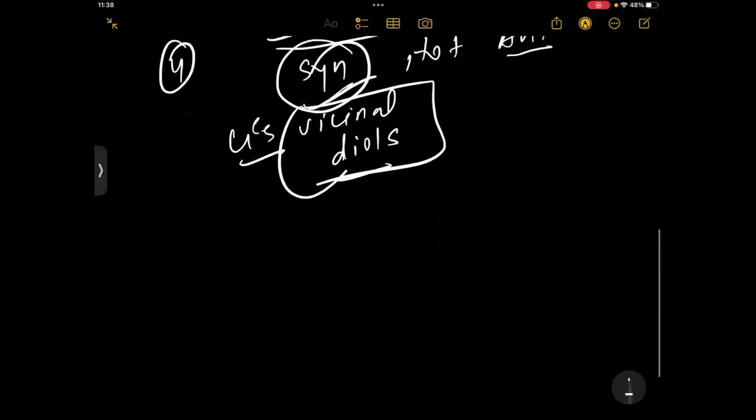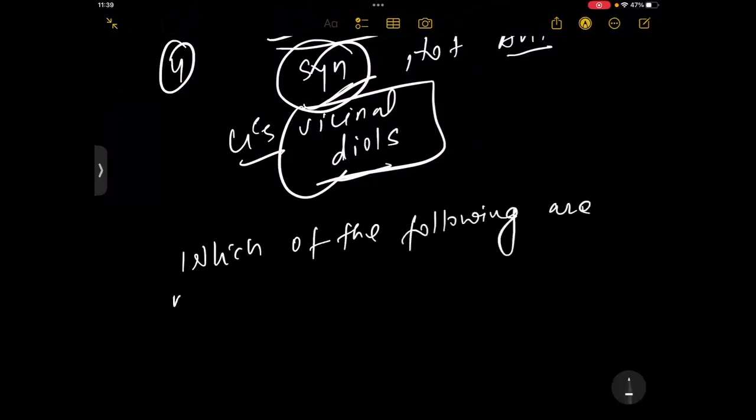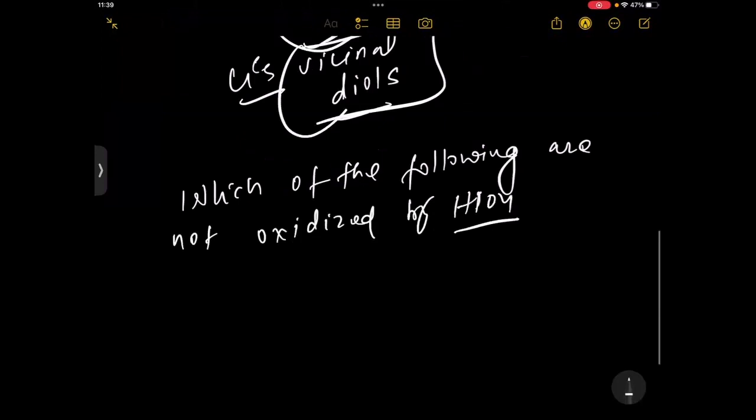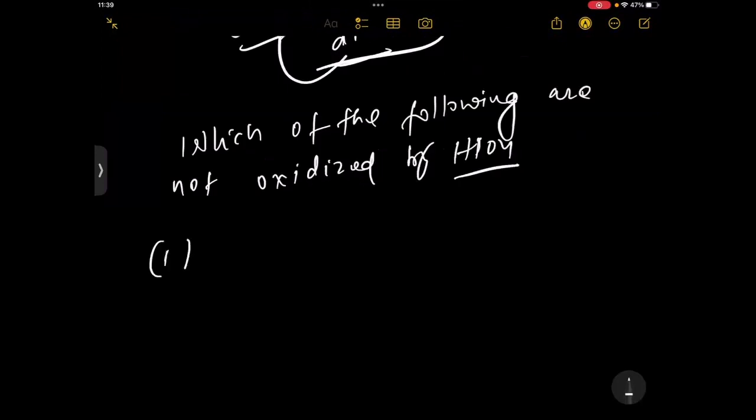Which of the following are not oxidized by HIO4? You can see here. First is CH3, CHOH and CH2OH.